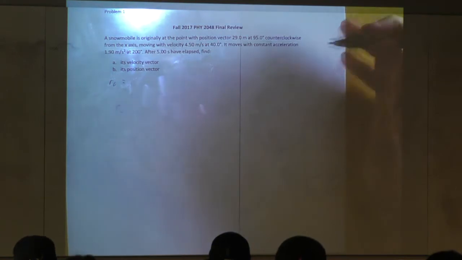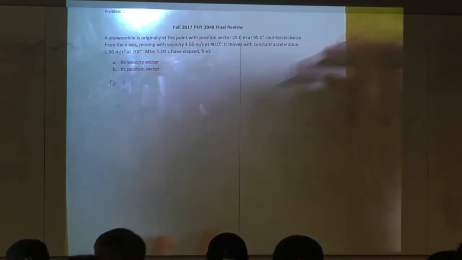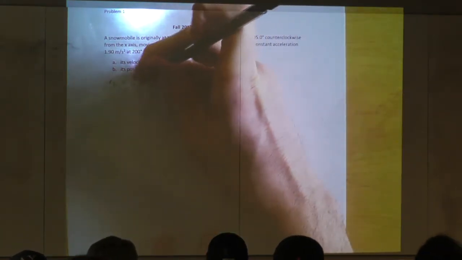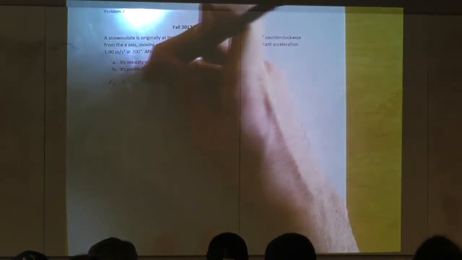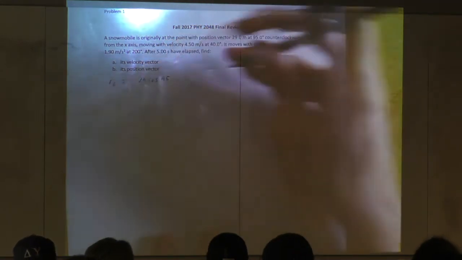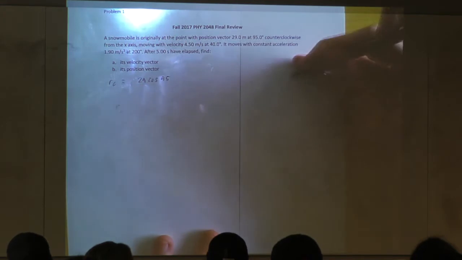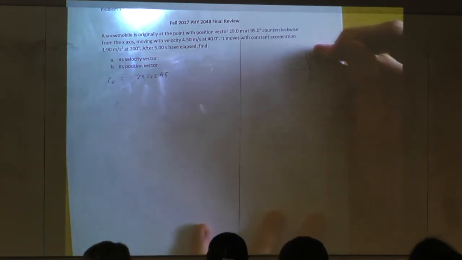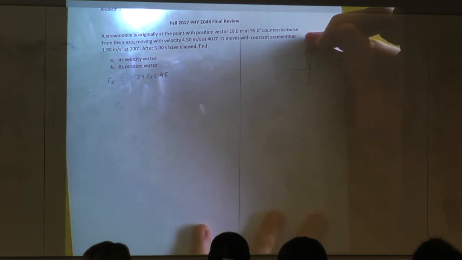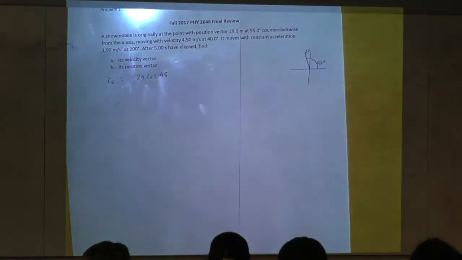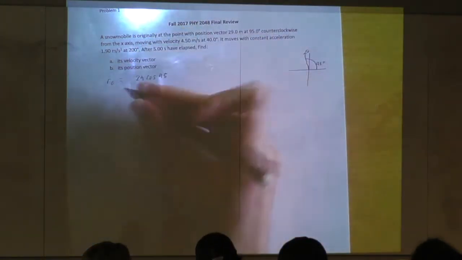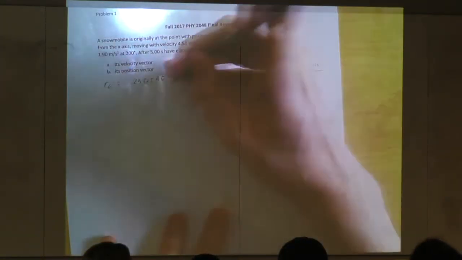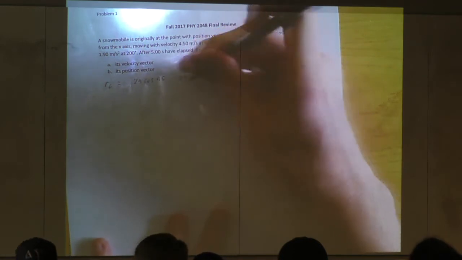So if we want the x and the y for our position vector, for x we're going to do 29 cosine 95 degrees. And just to draw that really quickly: if it's from the x-axis and it's 95 degrees, our x is going to be 29 cosine 95, and our y will be 29 sine 95.